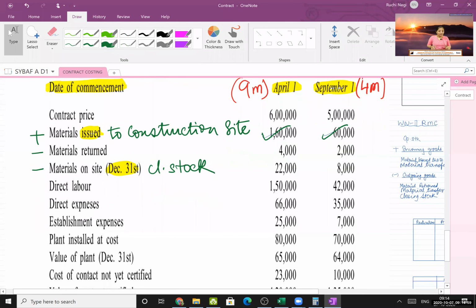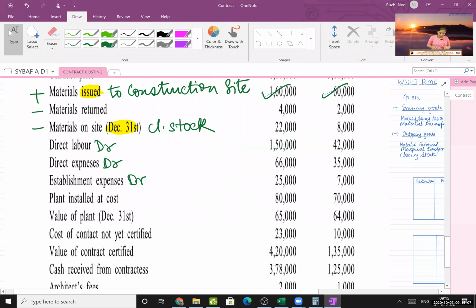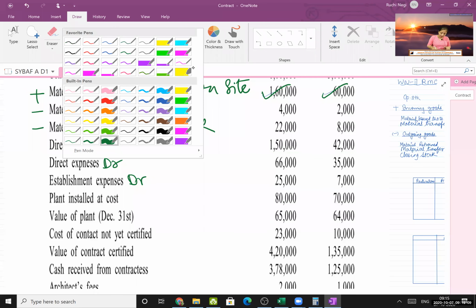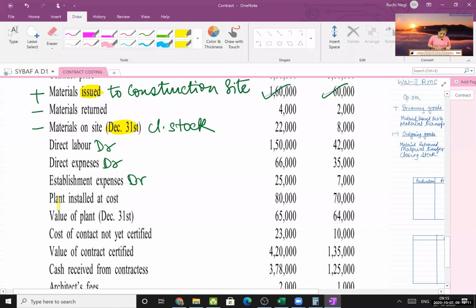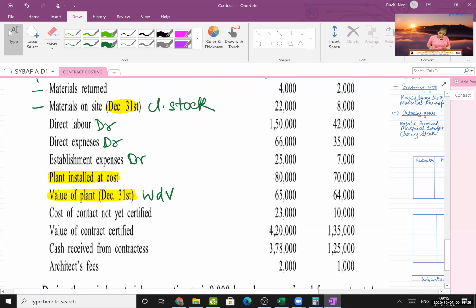Then direct labor, debit to contract, direct expenses, debit to contract, establishment expenses, debit to contract, plant, installed at cost. That is cost price. Value of plant as on 31st December. That means WDV. So the difference is what?